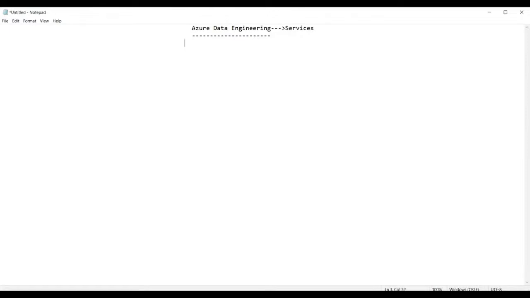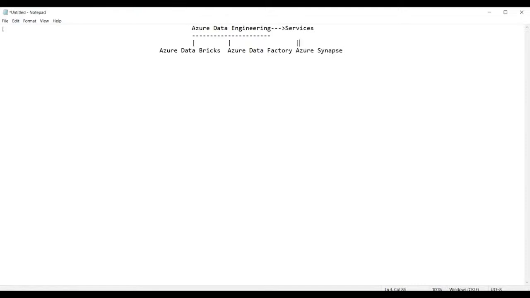Let us see what is the first one. We have Azure Databricks. Then we have Azure Data Factory. And apart from this, we have Azure Synapse.